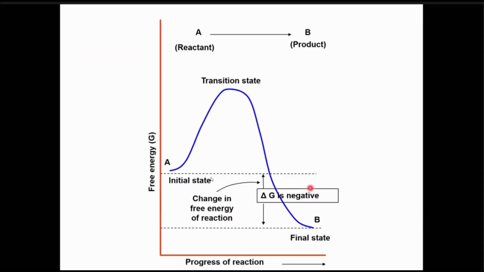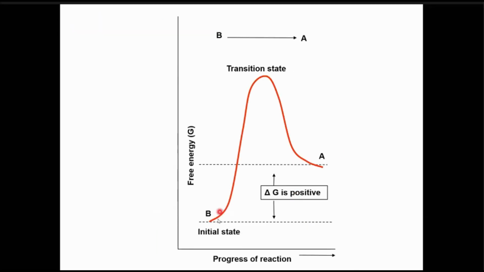You see the curve, how it goes? Up and down. Here, up and down, but the initial state is less than the final. Look at the delta G, the change in free energy is positive. So if we take A minus B, you will get a positive value.